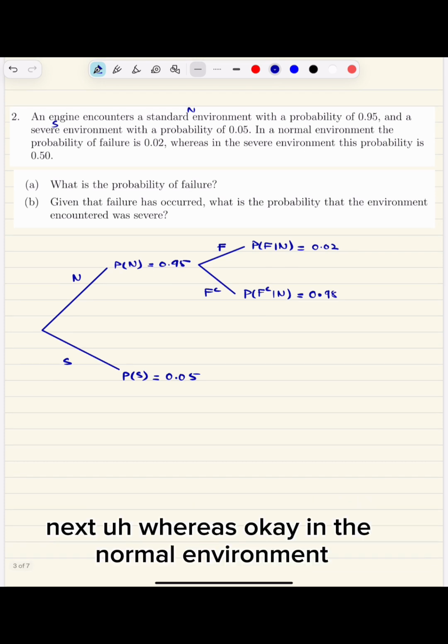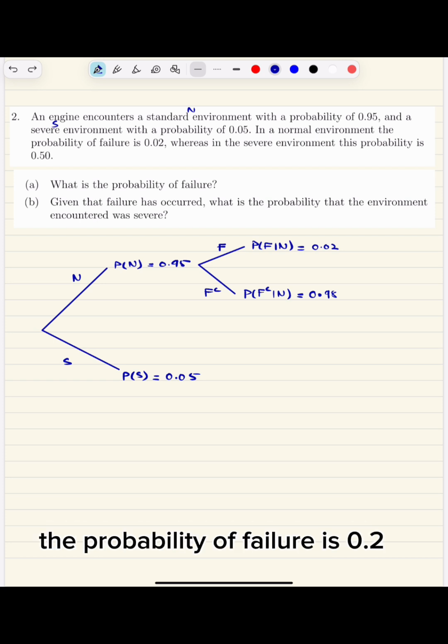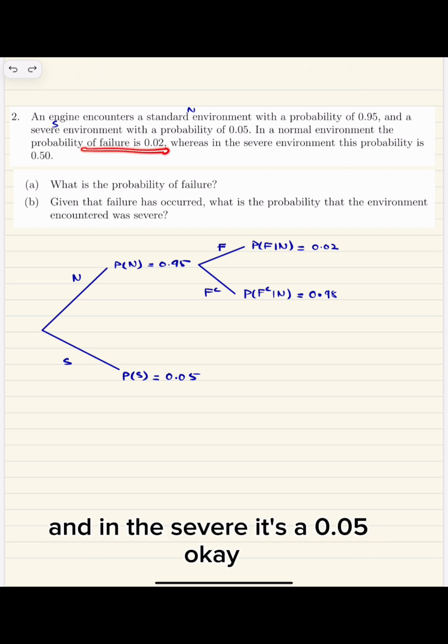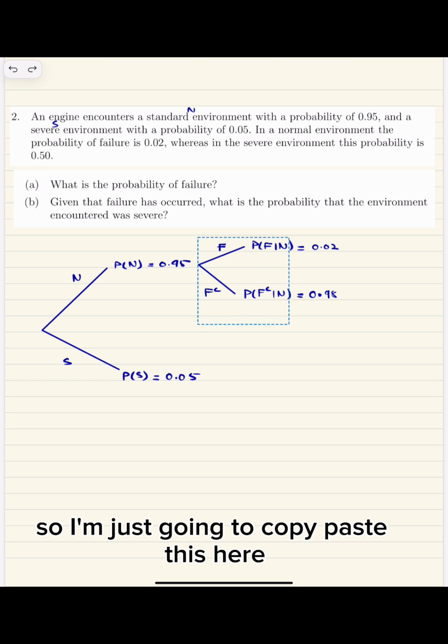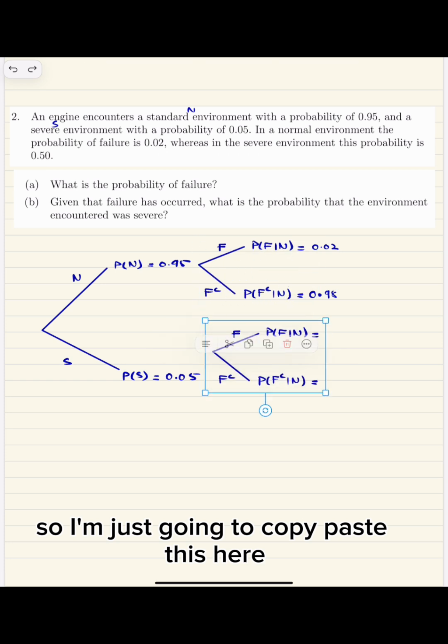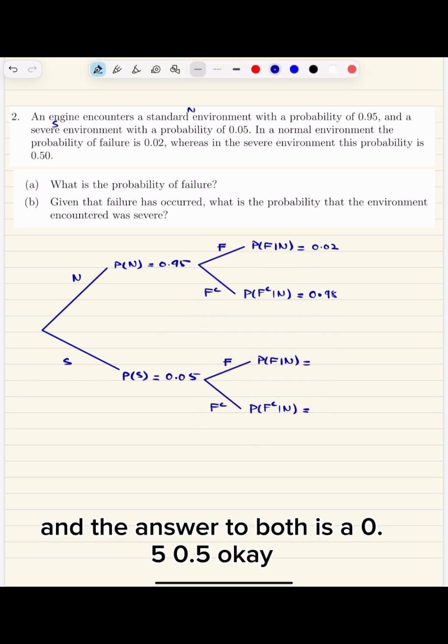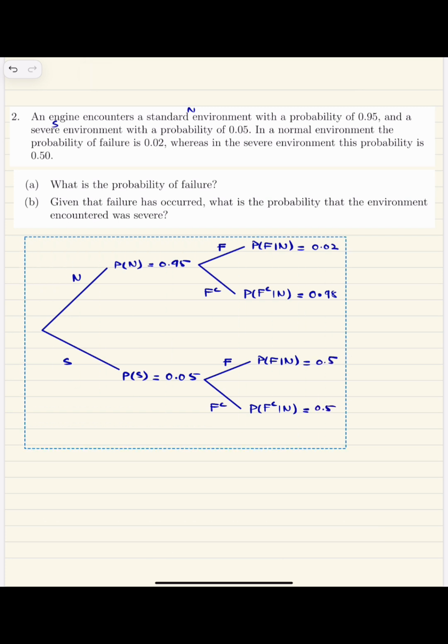Okay, next, in the normal environment the probability of failure is 0.02, and in the severe it's 0.5. I'm just going to copy paste this here, and the answer to both is 0.5.